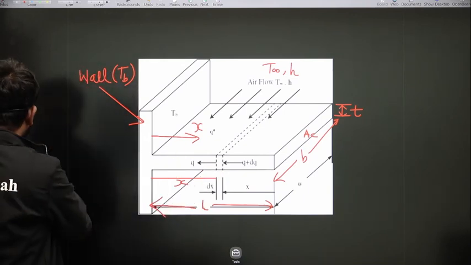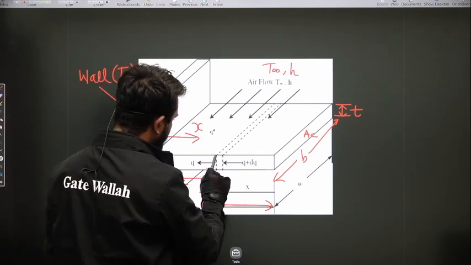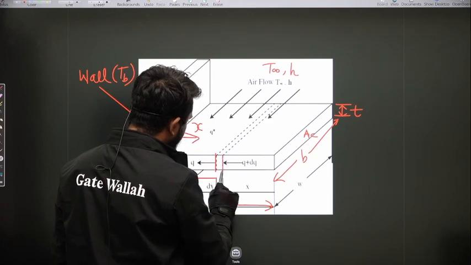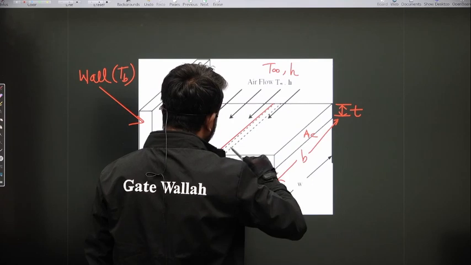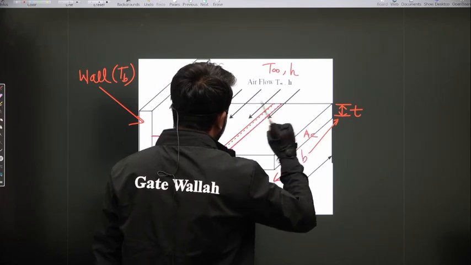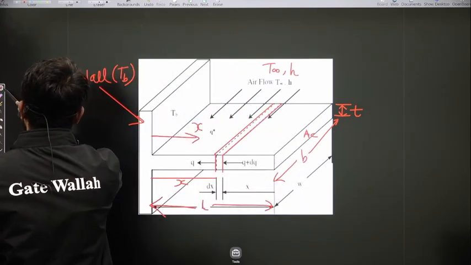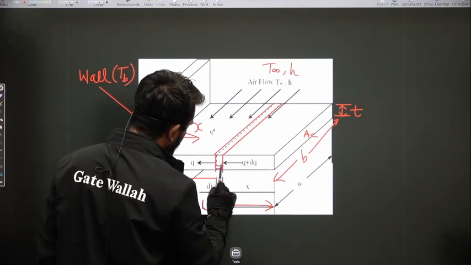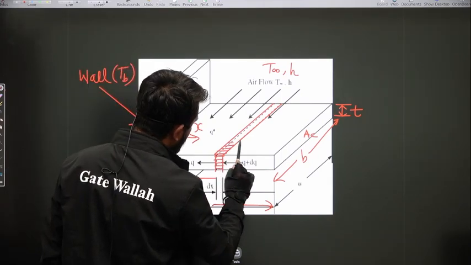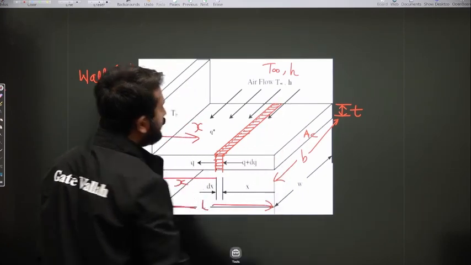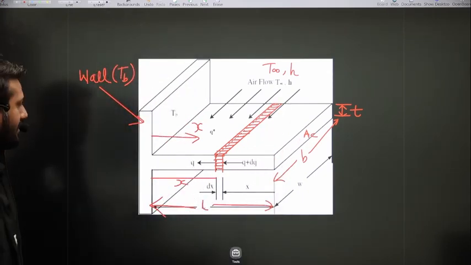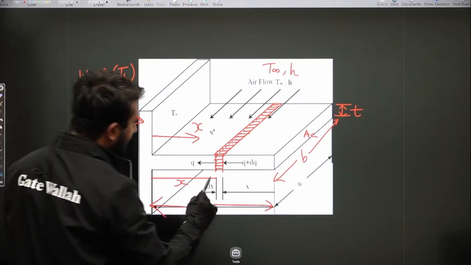So this is the small element, and that thickness is dx.